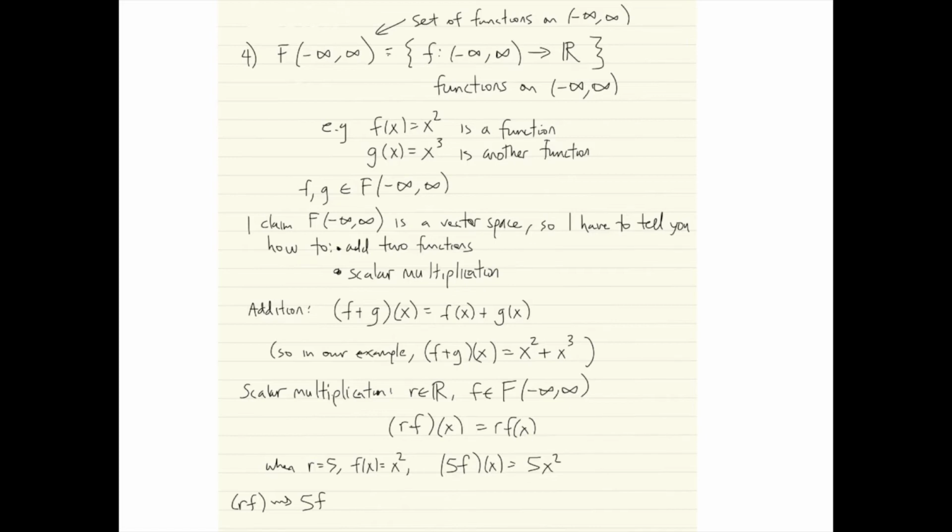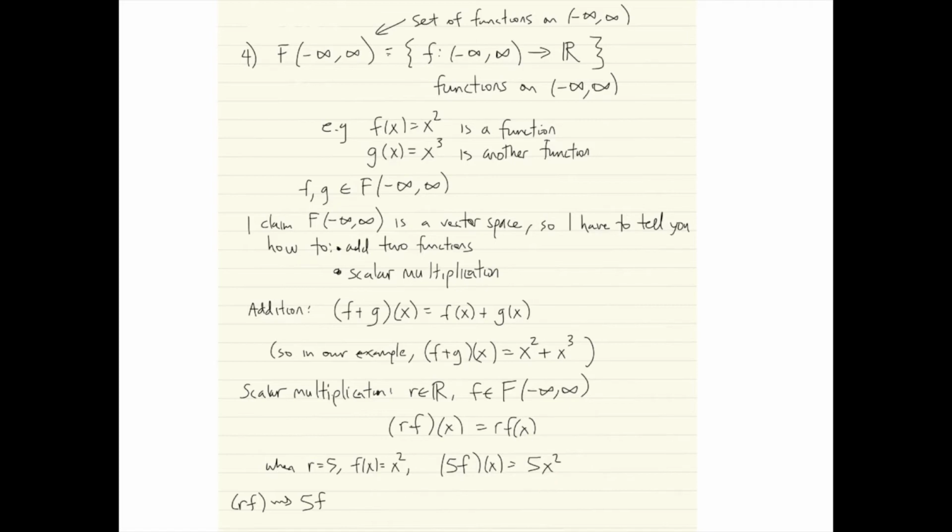I take the function you've given me, evaluate it at x, and then multiply that real number by the real number r. So for example, if r is 5 and I'm multiplying the function x squared, the new function 5f takes x as input and gives back 5 times x squared.